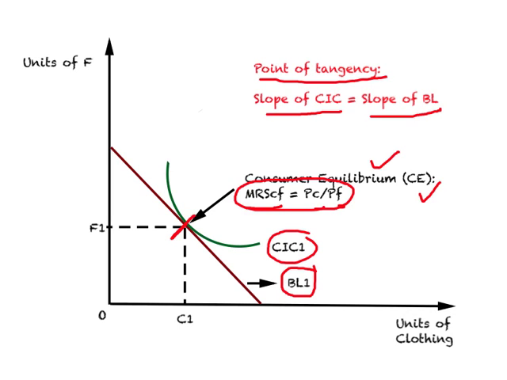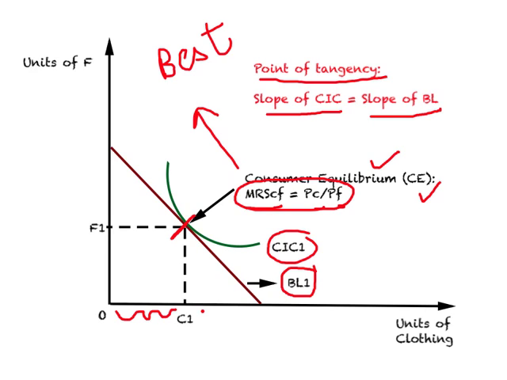We believe that consumer equilibrium point is the best point for the community in terms of consumption choices, and since it is the best point, this is where all the consumers will be. You drop this point to the horizontal axis, and what you have determined is the quantity of clothing that will be consumed by this country, and that will be OC1.